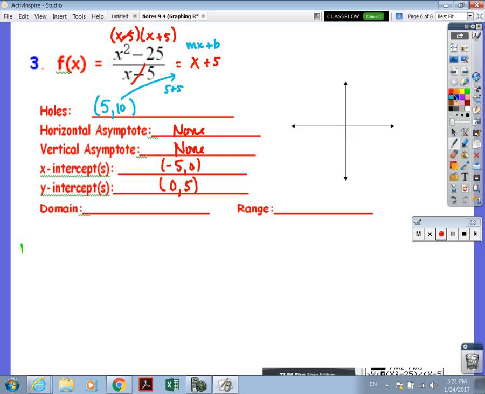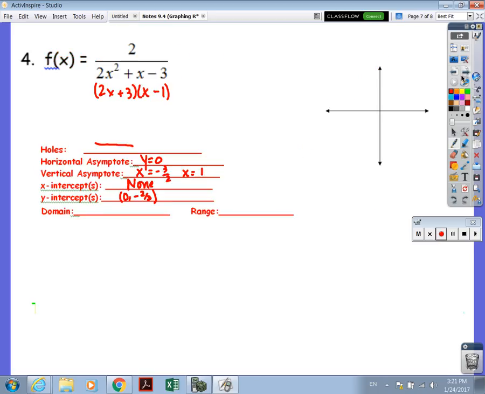I know my line can be graphed by starting at the y-intercept of 5. I'll have a slope of 1. The x-intercept would be at negative 5, and I would be able to identify my hole this way. The hole is at 5, 10, and so I usually go back with my eraser, and then I exaggerate the hole with a wide open circle so that I know that's where I'm trying to show the hole.